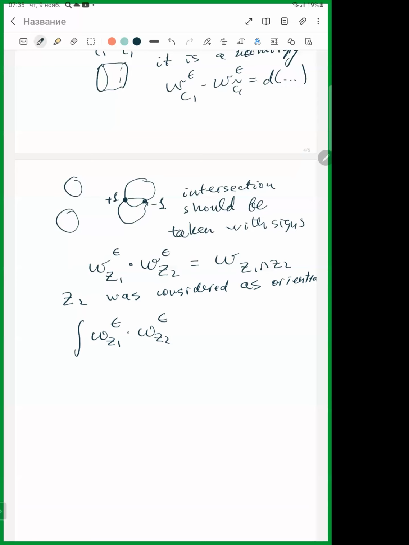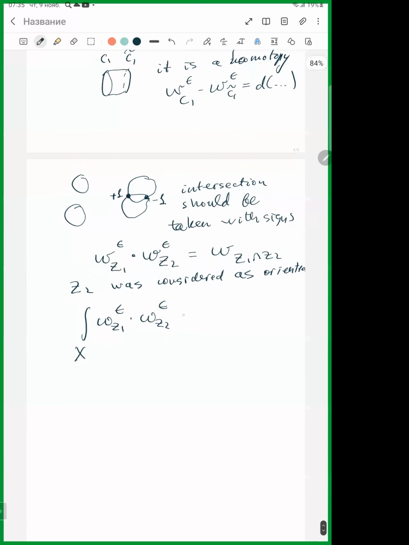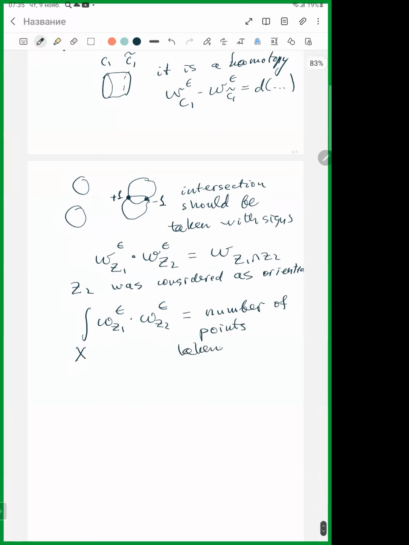So this integral over x is the number of points taken with sign.